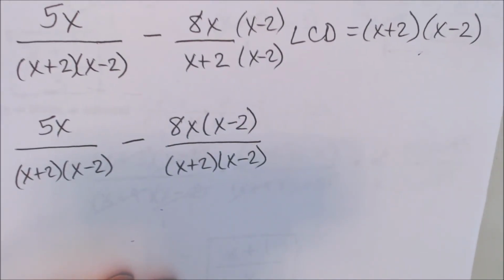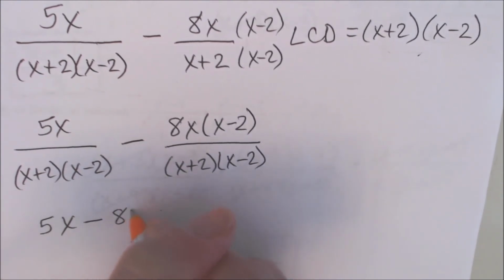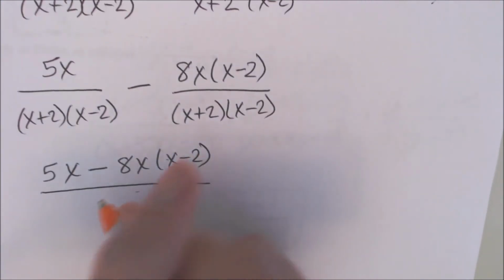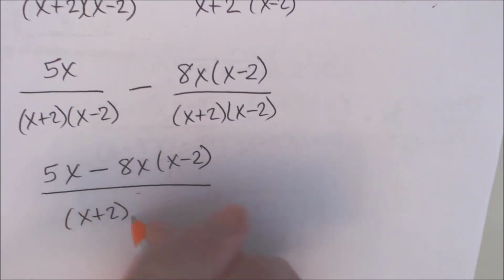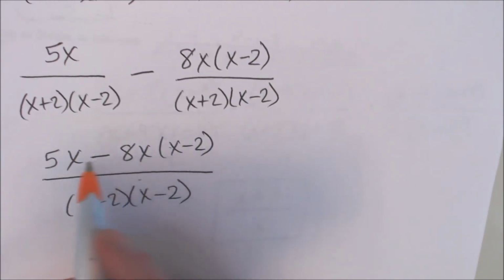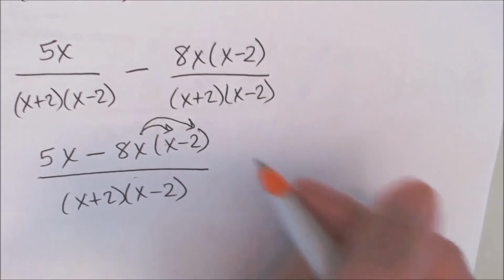So now let's go ahead and combine the fractions. We have 5x minus 8x times x minus 2, all in my numerator, over my common denominator, x plus 2, x minus 2. Now if you have any like terms in the numerator, you want to combine them. The only way to see if that's the case is if we distribute this 8x and see if we have any like terms.